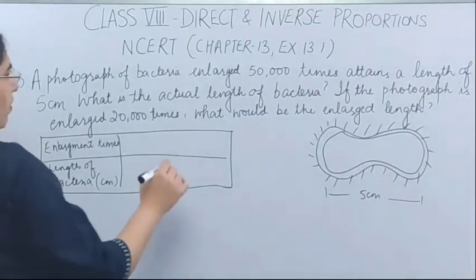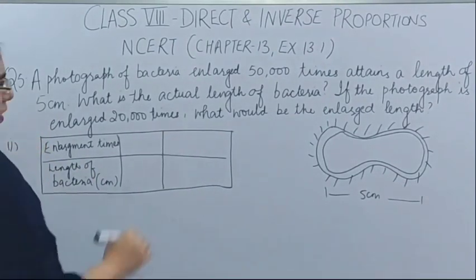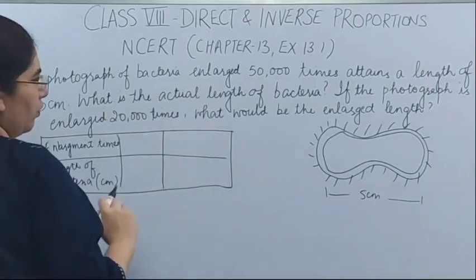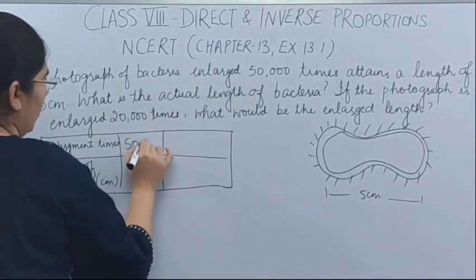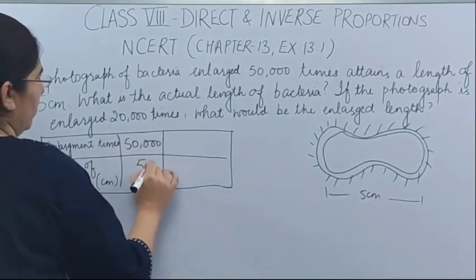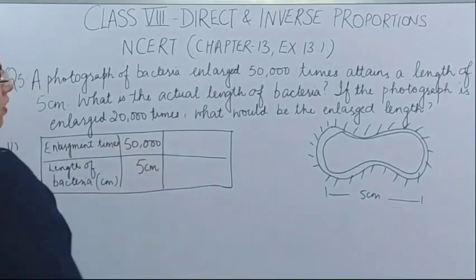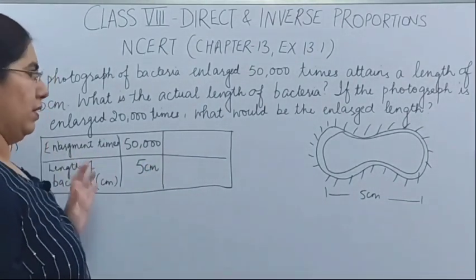So, it says that what is the actual length of the bacteria. So, if it is enlarged 50,000 times, the length is 5 centimeters. What is the actual length of the bacteria?